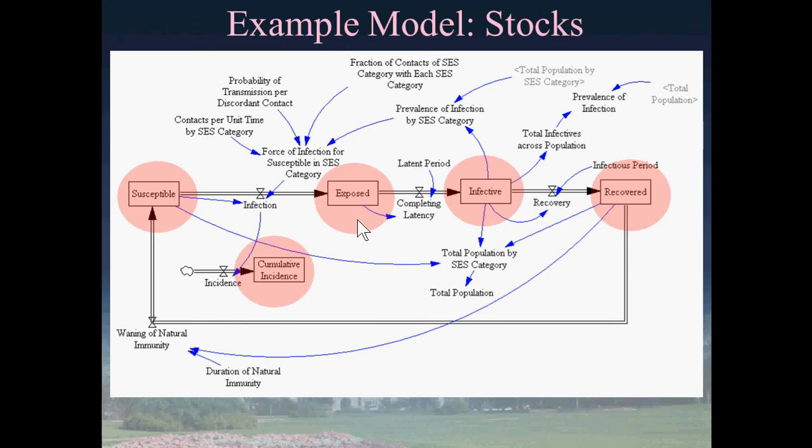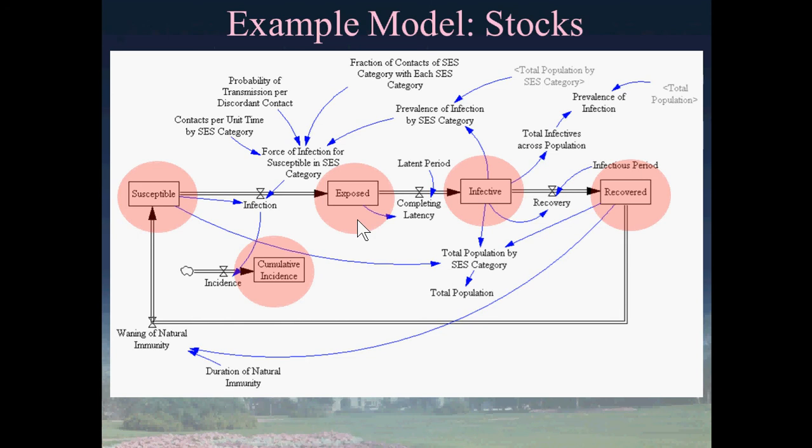Well, it would affect how long it takes for someone to recover, how quickly they recover. And therefore it would affect this recovery flow. It wouldn't automatically eliminate the number of infectives today. It would just drain them more quickly and put them more quickly into recovered.